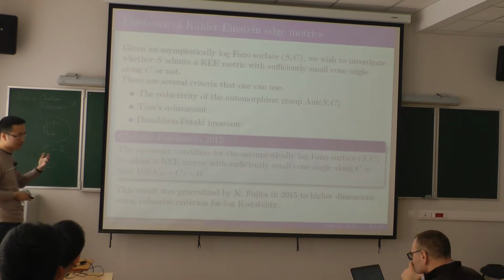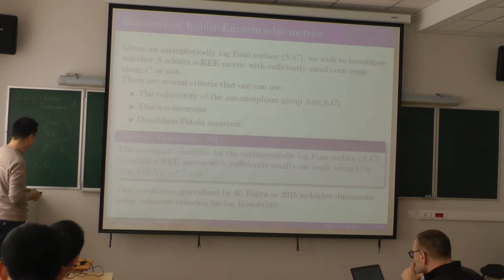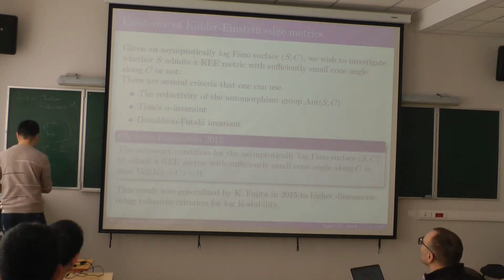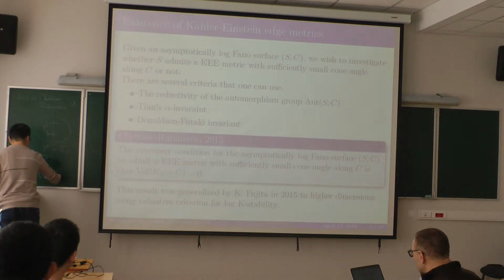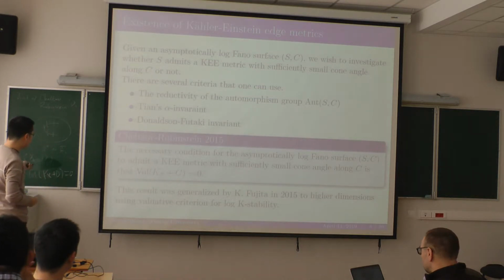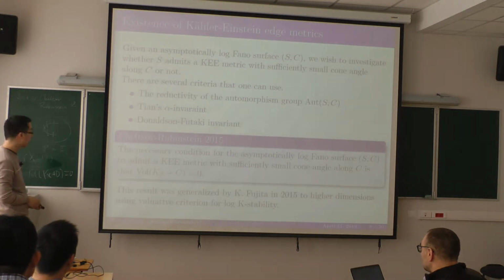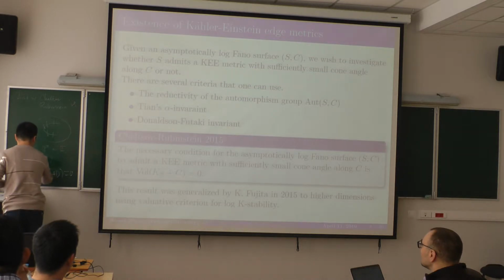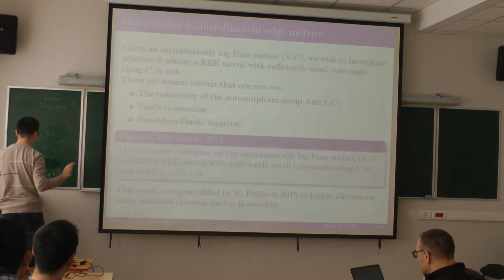If we want this pair to admit a Kähler-Einstein edge metric with small cone angles, then the volume of this divisor, so for general cases in higher dimensions we consider X, D, and the necessary condition is that this volume has to vanish, because otherwise, with small cone angle, this thing cannot be K-semistable. Yes, you're right. Thanks for pointing this out.